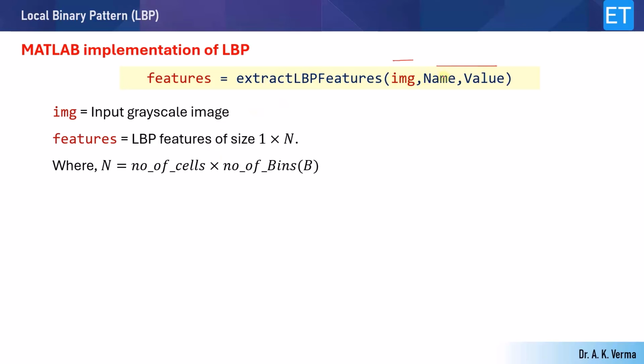Image is your input grayscale image IMG variable, this one, and the name value pairs have different combinations. I will explain. Features is output, of course, that is LBP feature of the size 1 by n. It's a 1 by n vector where n is obviously the number of cells times the number of bins.